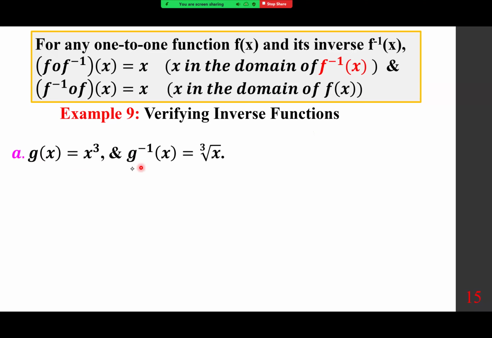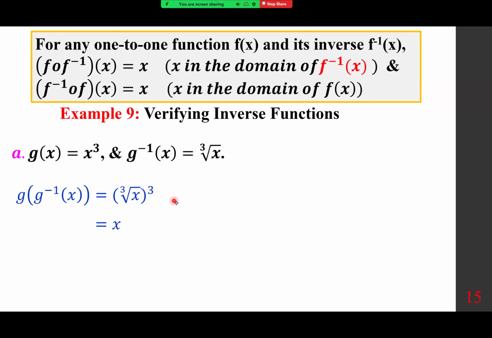So g of g inverse: instead of x, we're going to put the cube root of x. Clearly, when you raise this to the third power, you get x. And that's a proof and you're done.